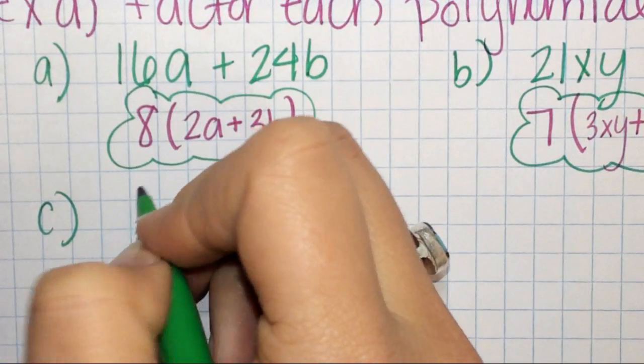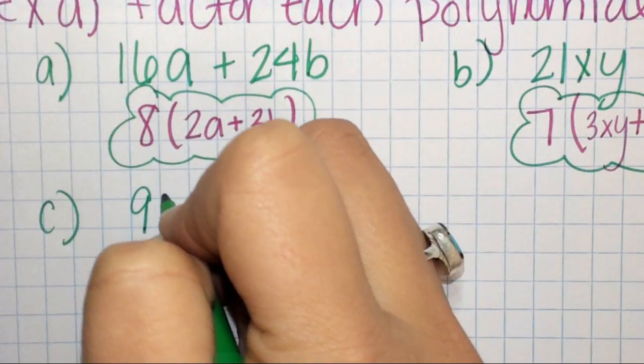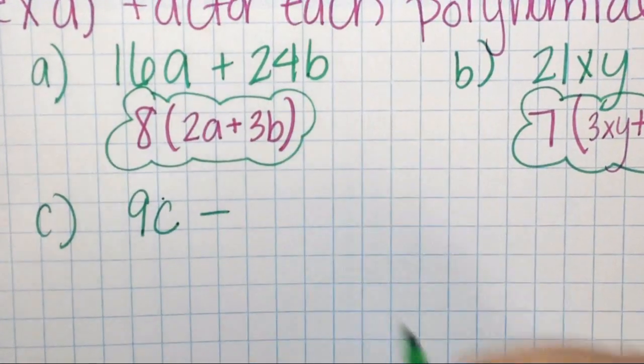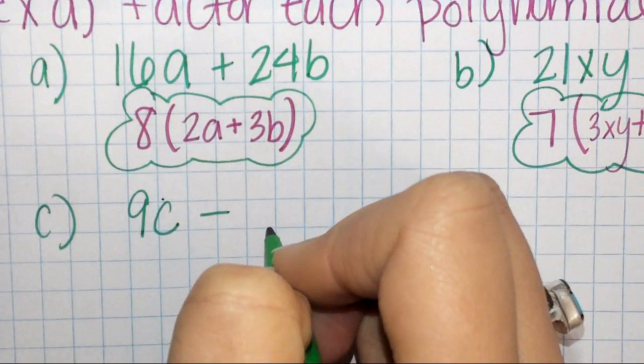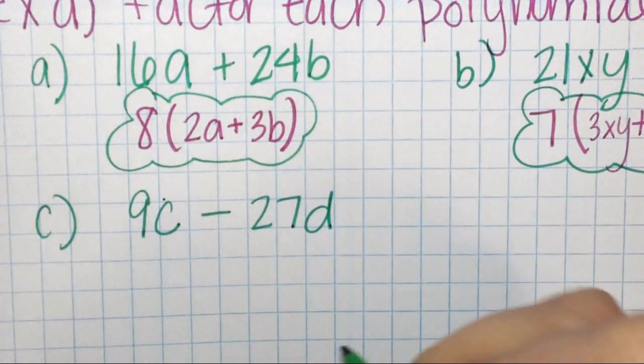Okay, let's do 84 divided by 2. 9c minus, these lame numbers, let's go crazy, 27d. Oh wow.